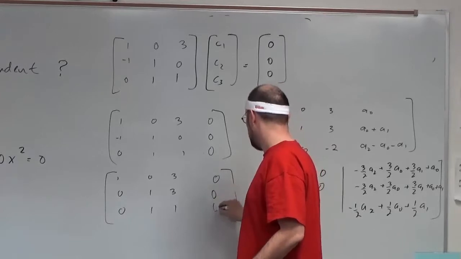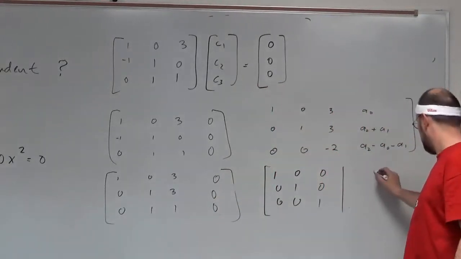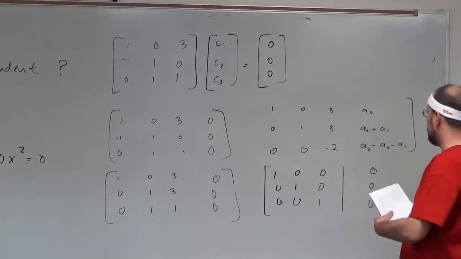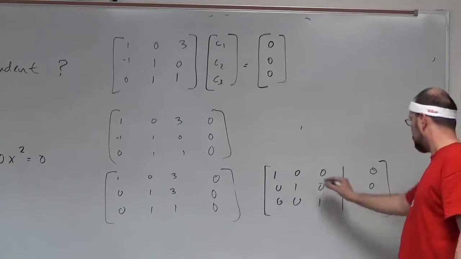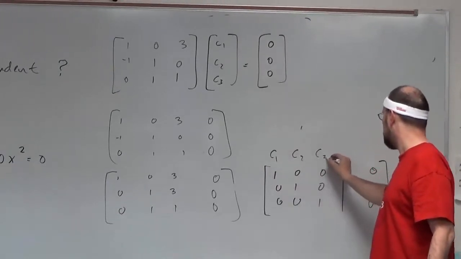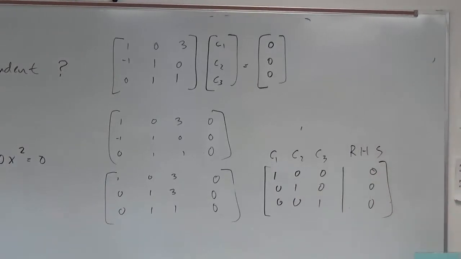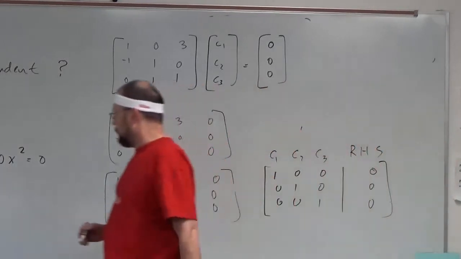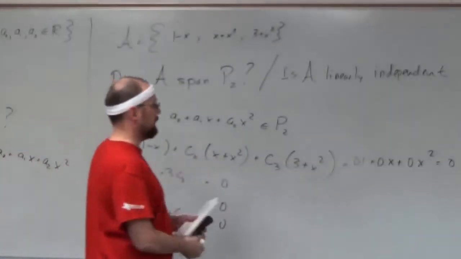So if you start row reducing, you would get this. C1, C2, and C3 must all be 0, because that's our unique solution. So since that's the only solution to this equation, we know that the set of vectors is linearly independent.